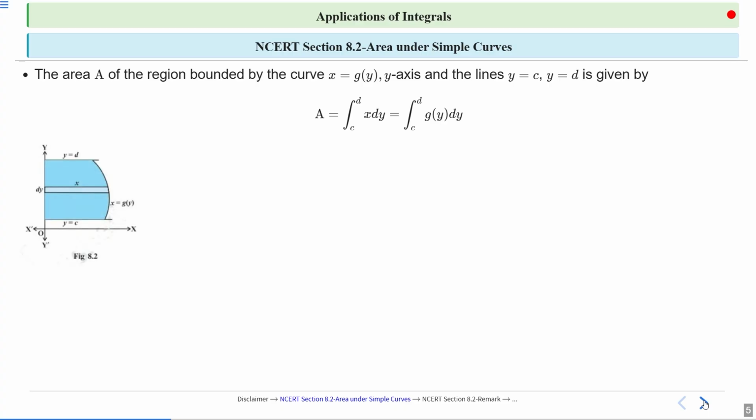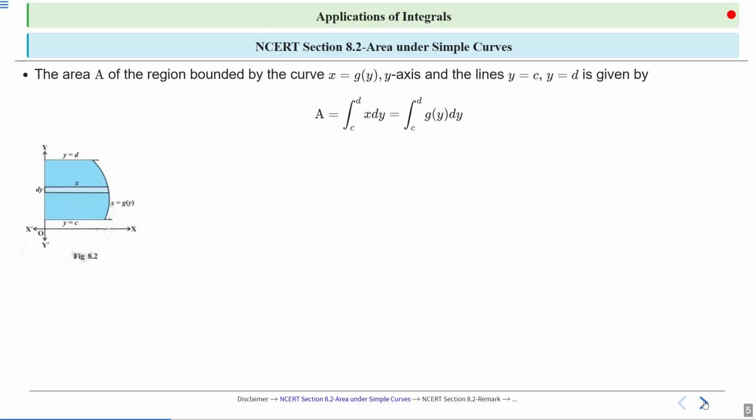So in the previous figure 8.1, we took the strip that is parallel to the y-axis, a vertical strip. And in this figure 8.2, the elementary strip is parallel to the x-axis. Here the length of the strip is x, and the width of the strip is dy.